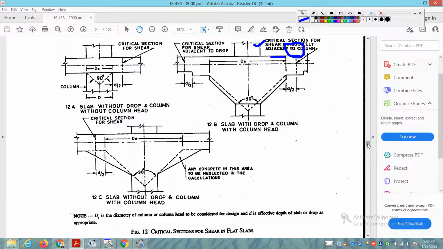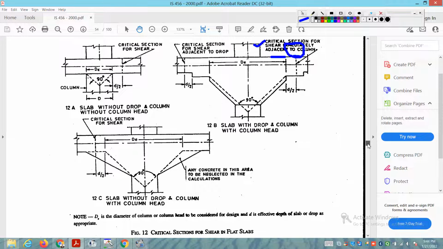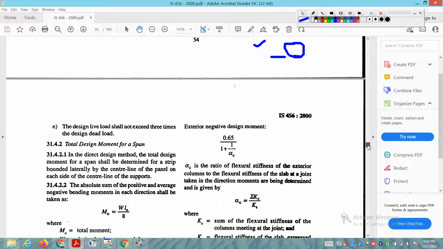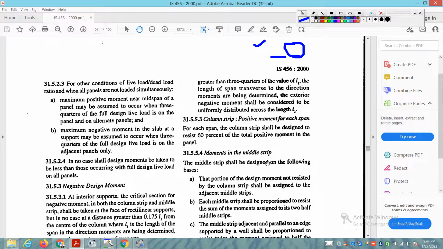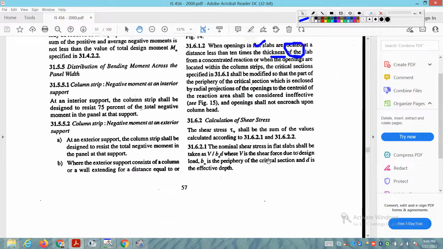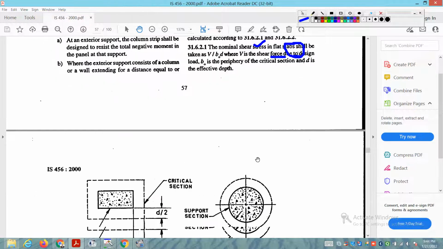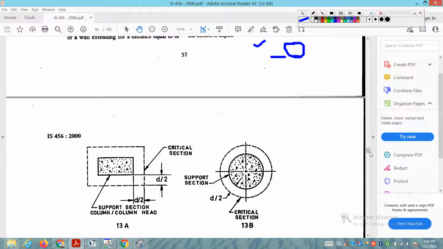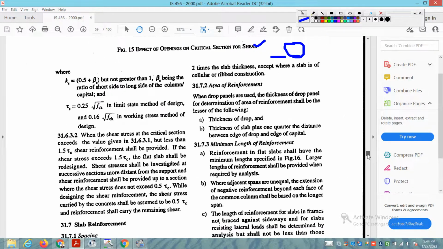These are related to flat slabs, so while designing flat slabs, you have to refer to this. See this, there are a lot of tables and values, so you will get them from IS 456.